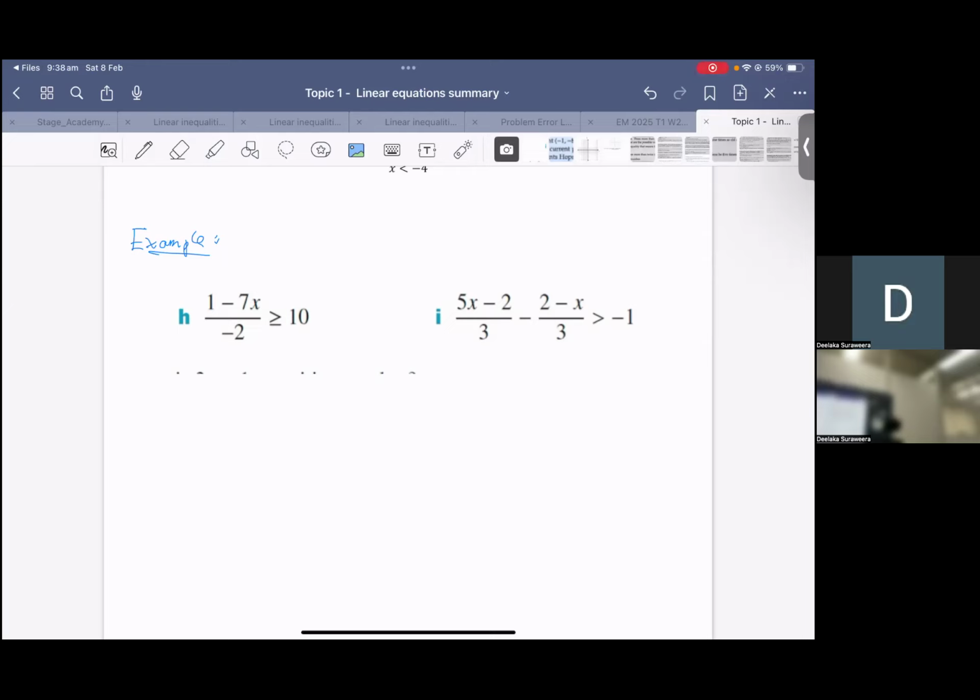Very close on part H. Very, very close. Remember, every time you multiply by negative, you gotta flip. Every single time, without exception. You flipped it once.